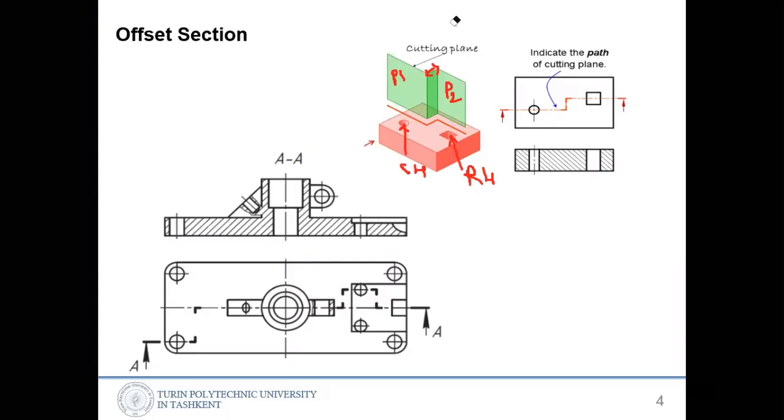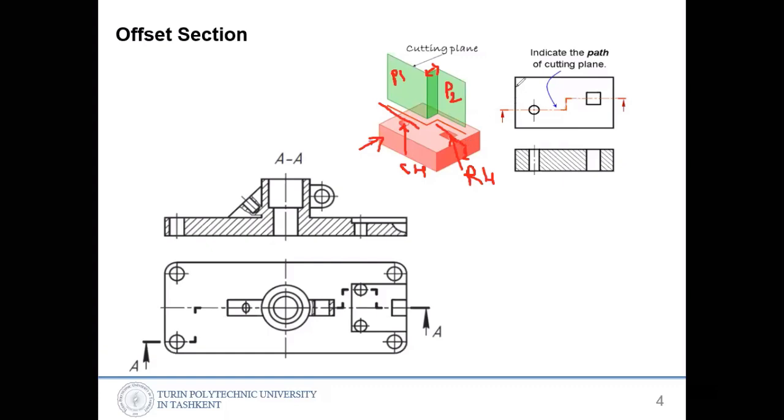To show these inner edges, we are cutting with planes passing through these two objects. This one is nearer to us, because we are looking from this side, a little nearer than the second one. That's why we are cutting with this plane here, and another plane here also.